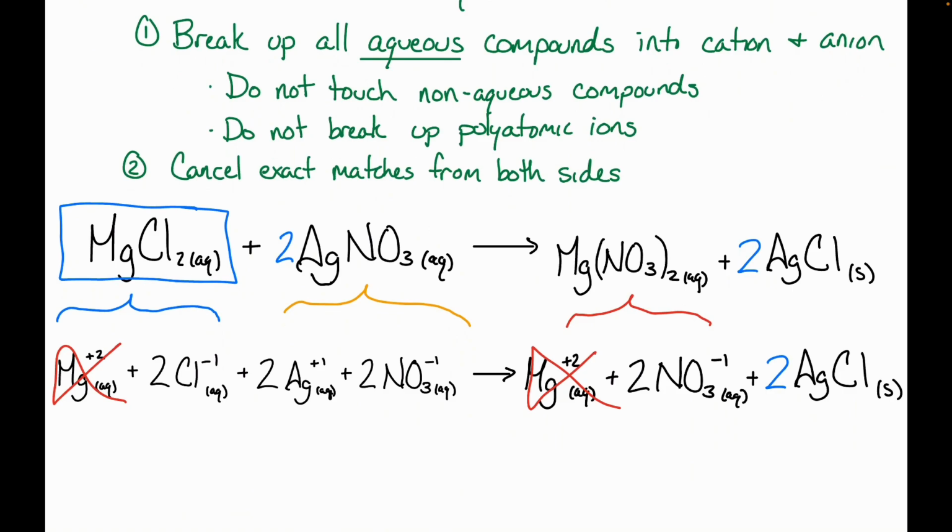Anything else I can cancel out? The nitrates appear on both sides. 2 NO3 minus AQ. 2 NO3 minus AQ. Those will also cancel out, right? So exact matches will cancel out from both sides. These are what we call spectator ions.